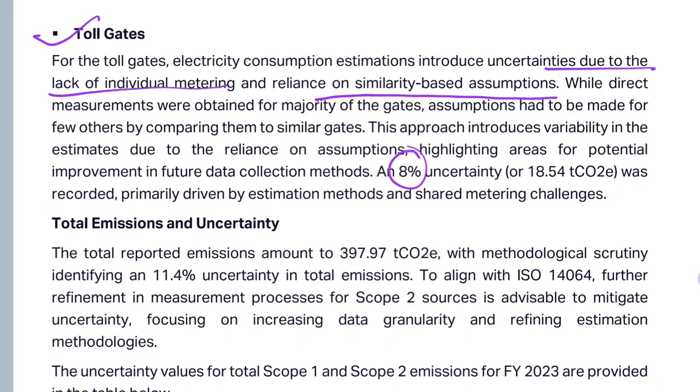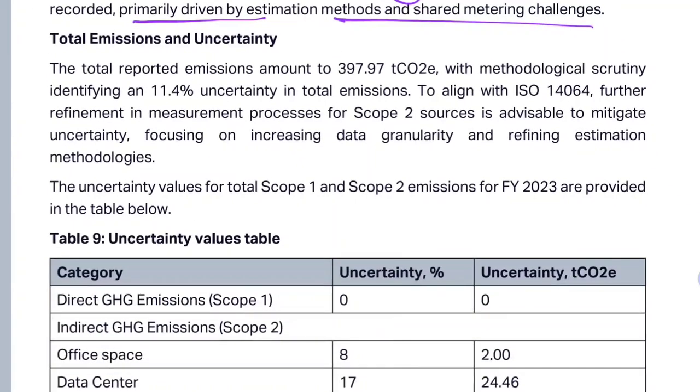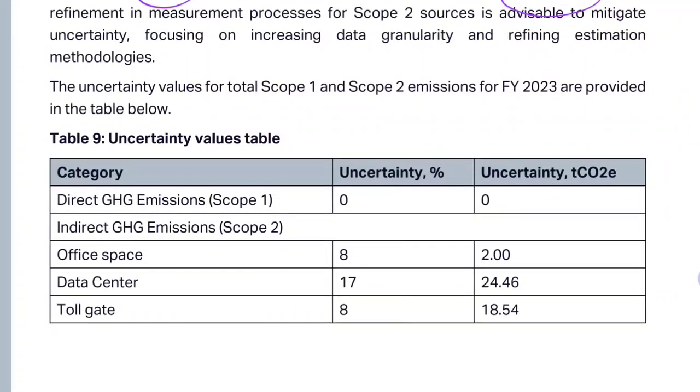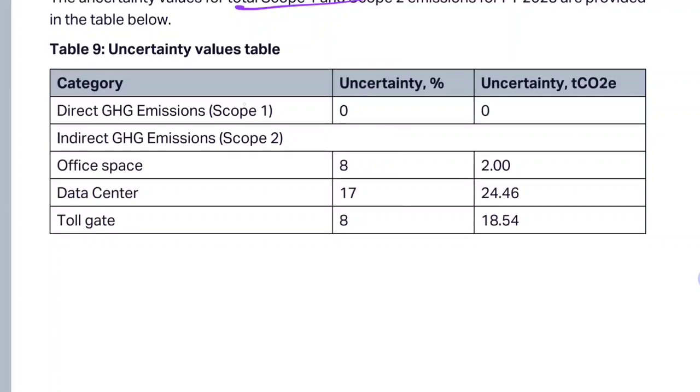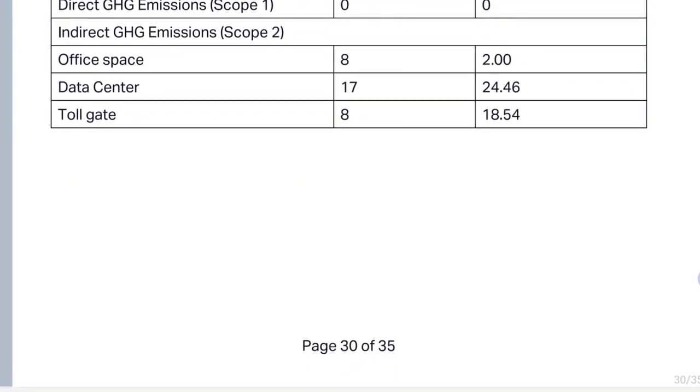So an uncertainty of 8%, which is 18.54 tons of carbon dioxide equivalent, was recorded, primarily driven by estimation methods and metering challenges. So total emissions, with the methodical scrutiny, show 11.4% uncertainty in total emissions. So to align with ISO 14064, further refinement in the measurement process of scope 2 sources is advisable to mitigate those uncertainties. The uncertainty values for scope 1 and 2 are very well put in the table, with percentage and amount in tons of carbon dioxide.